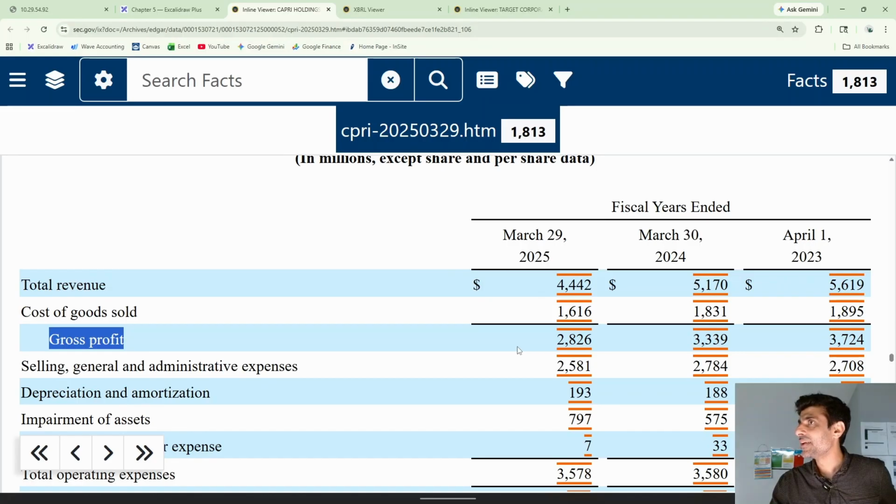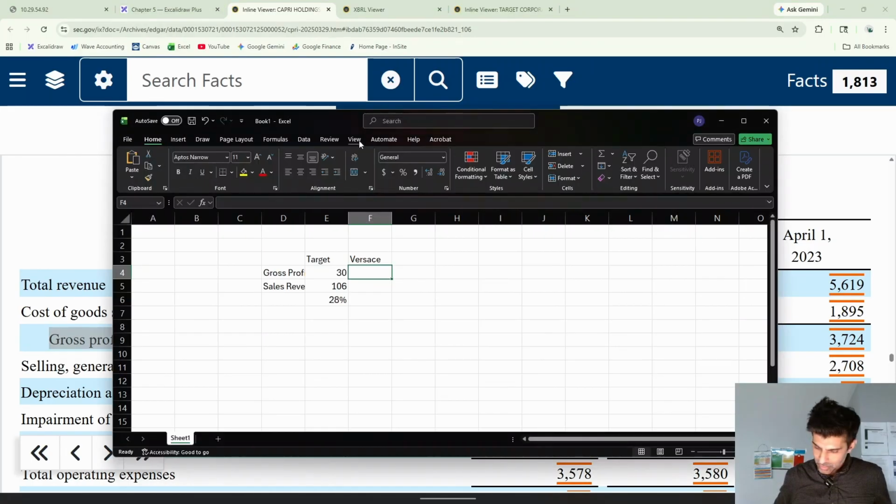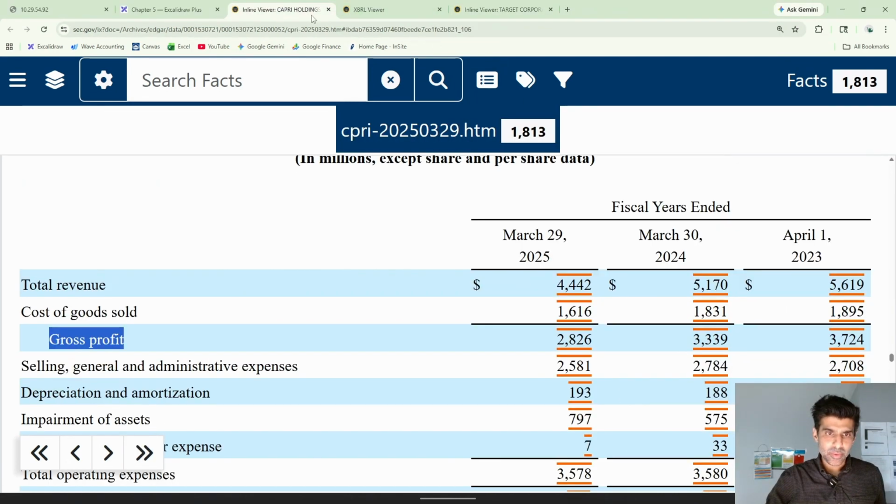As we know, this is a report. It's meant to convey information to the reader. So they're explicitly stating the gross profit at 2.8, and their revenue was 4.4.